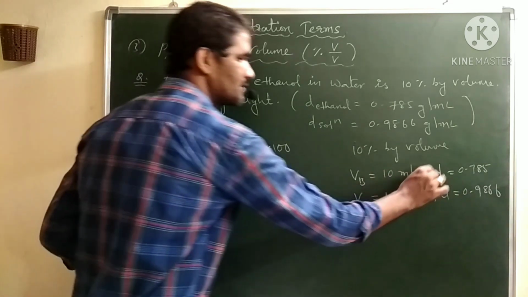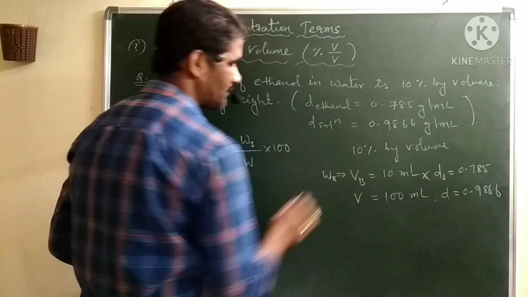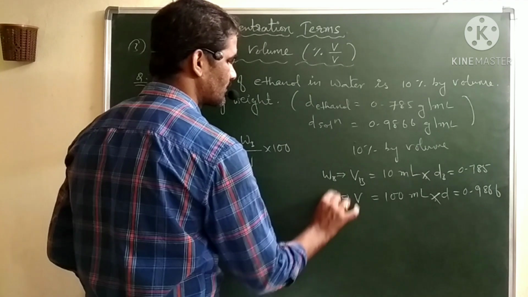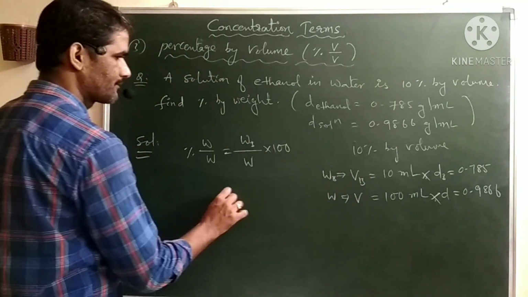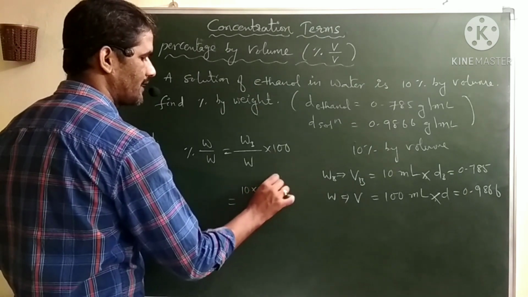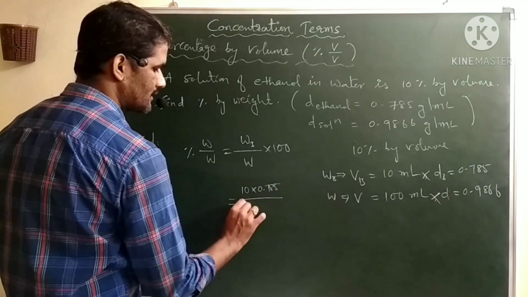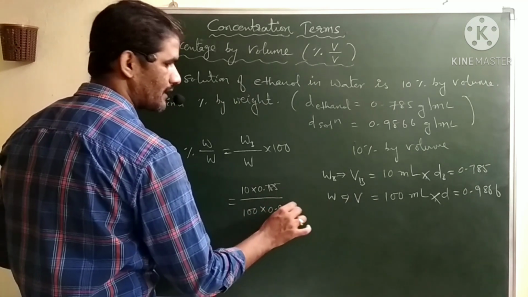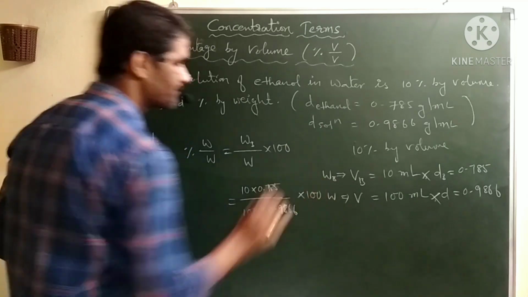So product of these two will give WB. Again, product of these two will give weight of the solution. So those values we can substitute here, that is 10 into 0.785 WB is equals to, similarly this is 100 into 0.9866, as usual into 100.